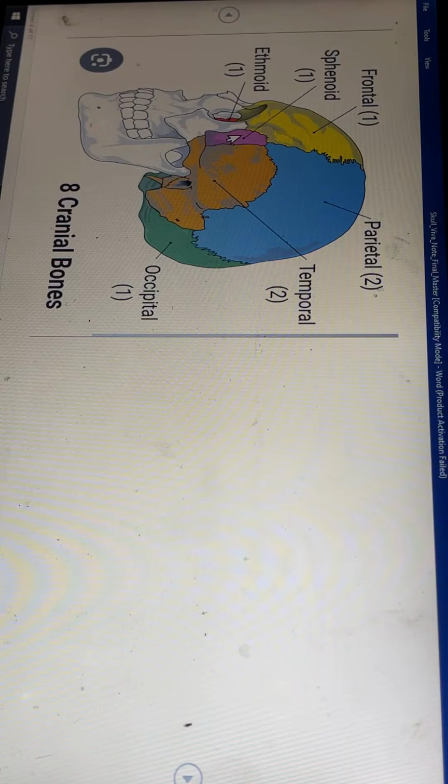And the difference between the cranial bones and the lobes of the brain is only two brothers, ethmoid and sphenoid. So everything that you write in the bones of the skull, you will write in the lobes of the brain. The only difference is the sphenoid and the ethmoid. They are not located in the lobes.